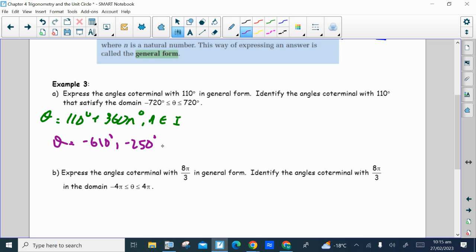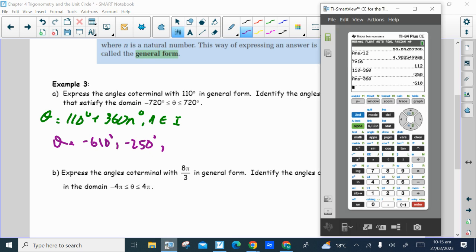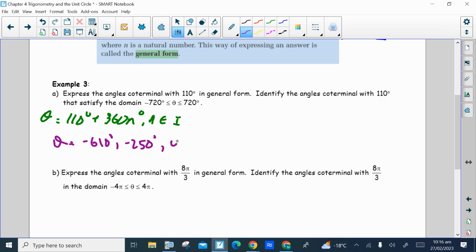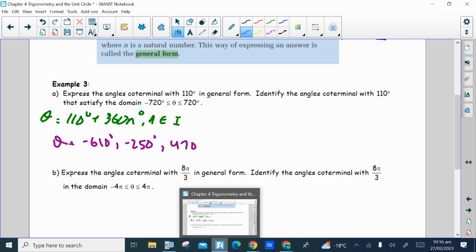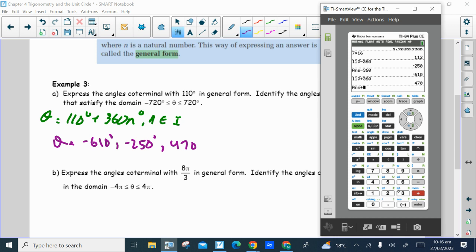Now our next angle, we would not say 110 degrees. That's not coterminal with 110 because it is the same rotation angle. But we can get a positive rotation angle by taking the 110 and now adding 360. And again, we're using 360 degrees because that's what you have to do for one complete revolution around the circle. So that's positive 470. And if I add another 360, we're outside the domain.